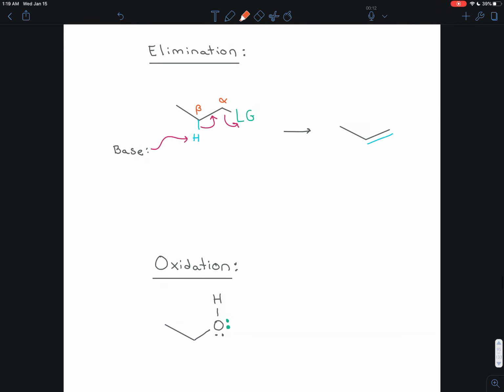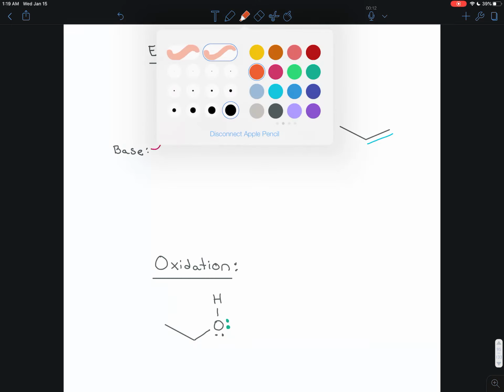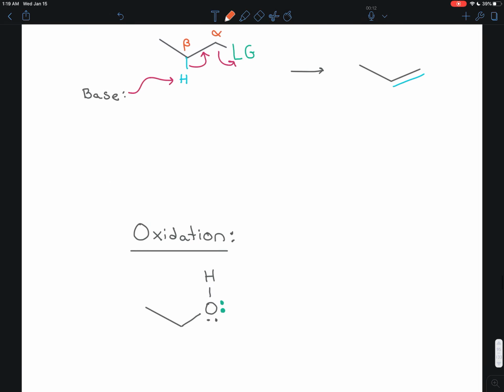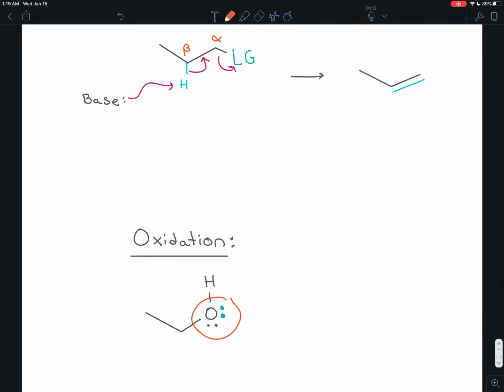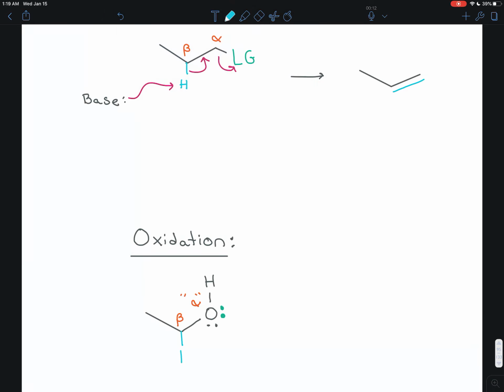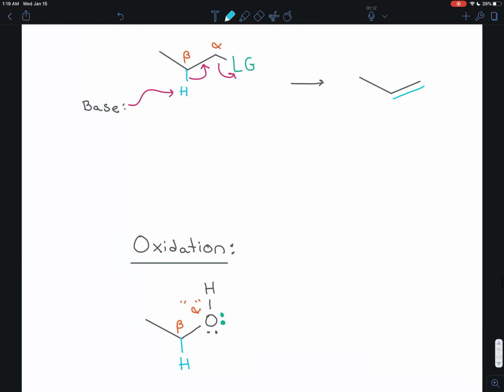You can imagine that the oxygen here is kind of like the alpha carbon, so you wouldn't really use the term alpha, but this one would be like the beta carbon, and you have a beta hydrogen there.